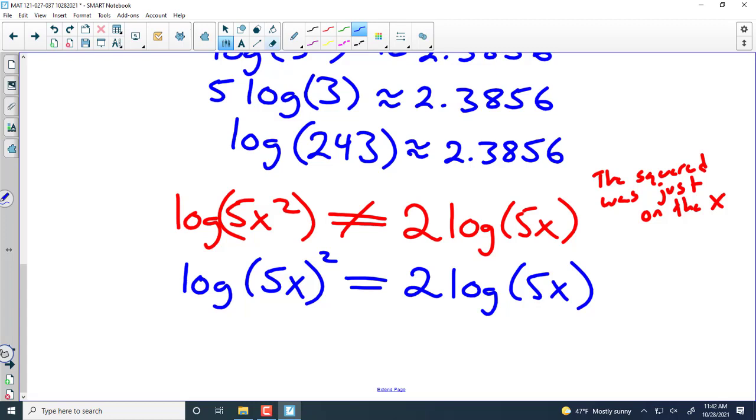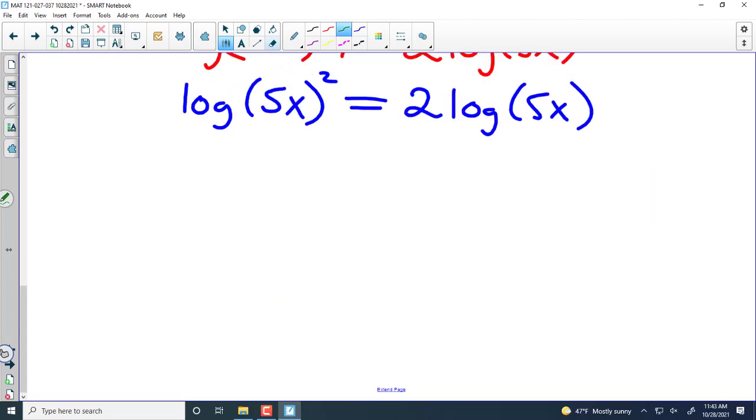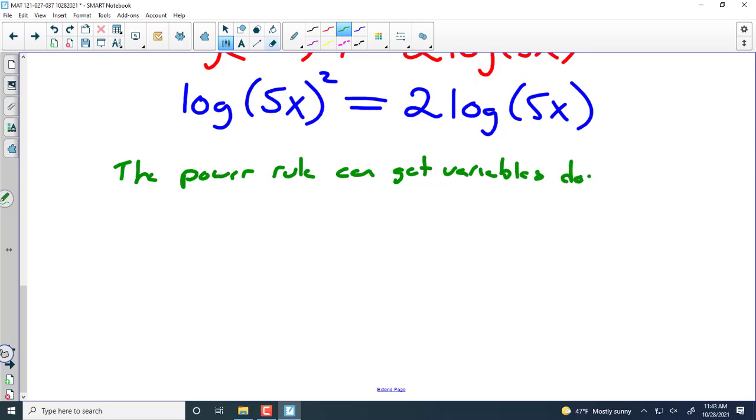As of right now, that doesn't seem too interesting to us, but that will help us. I promise you, that will help us, everyone. The main way it's going to help us is something like this. The power rule can get variables down from the exponent.